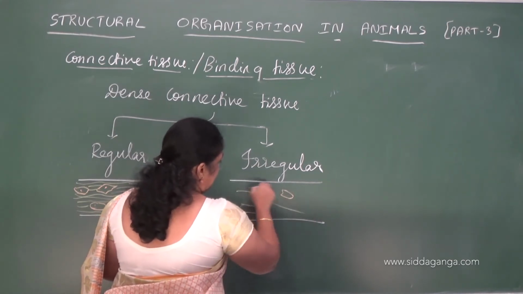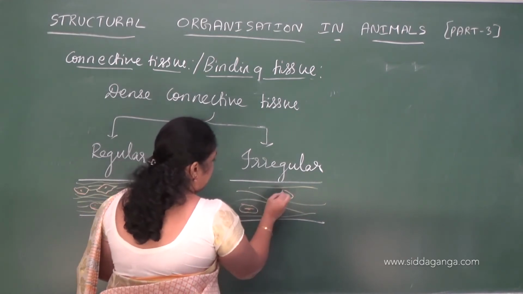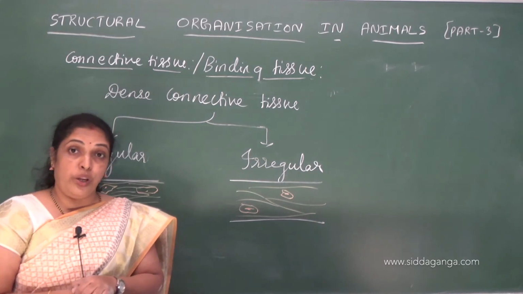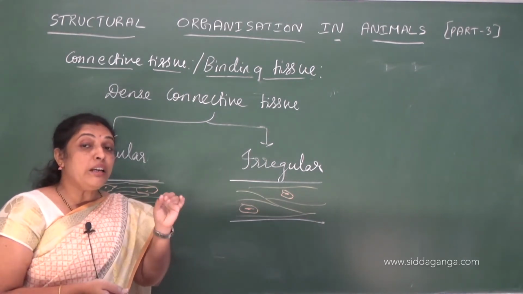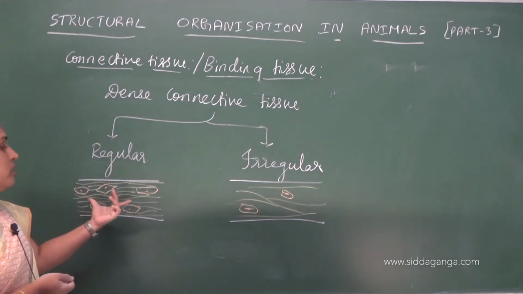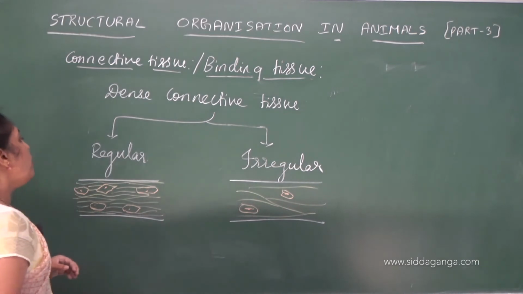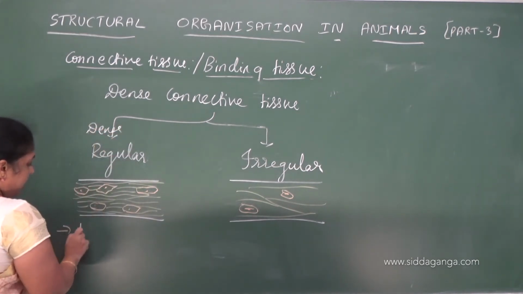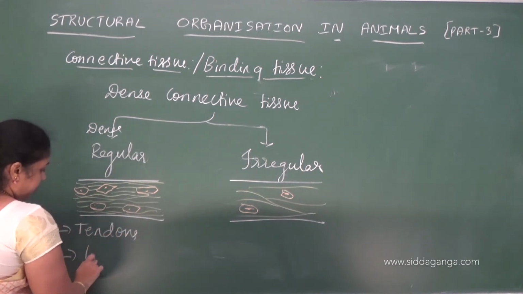The cells and fibers do not have any proper orientation. Understood? That type of tissue is called dense irregular connective tissue. This is called dense regular connective tissue. Examples of dense regular connective tissue are tendons and ligaments.